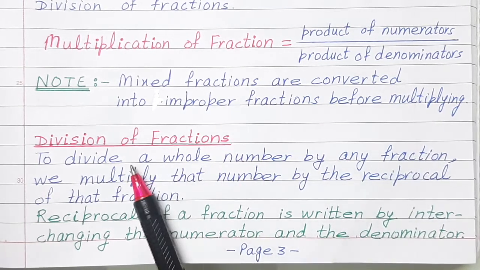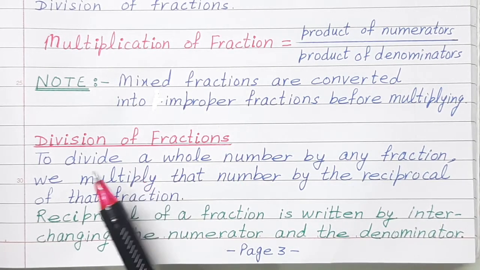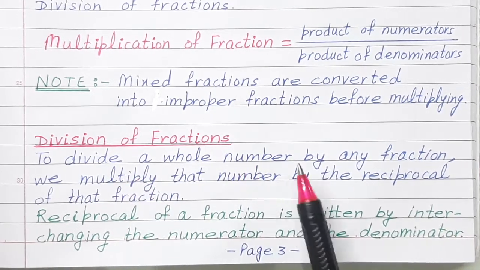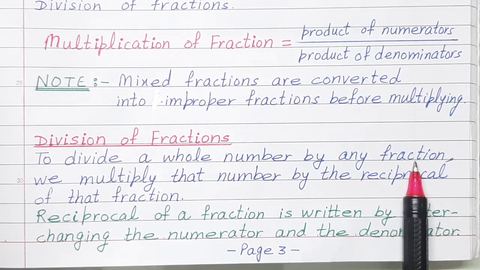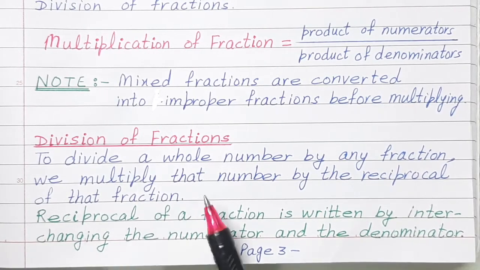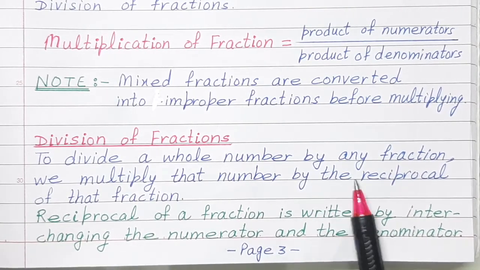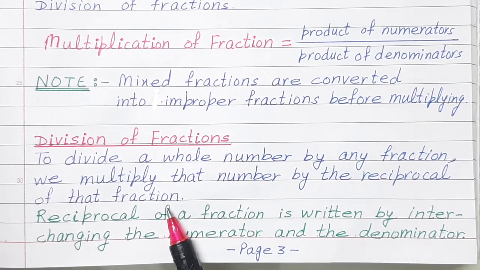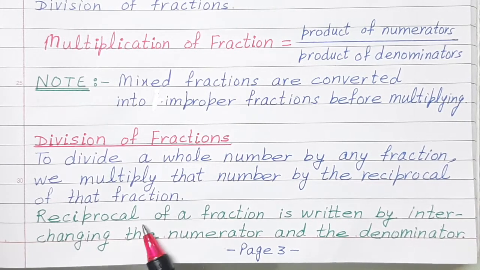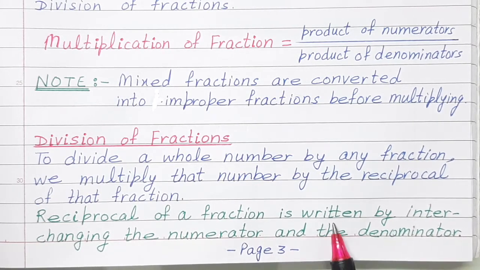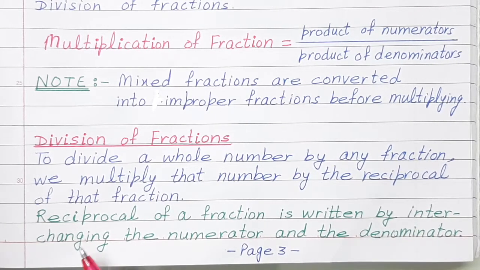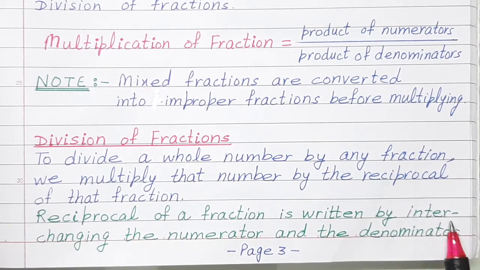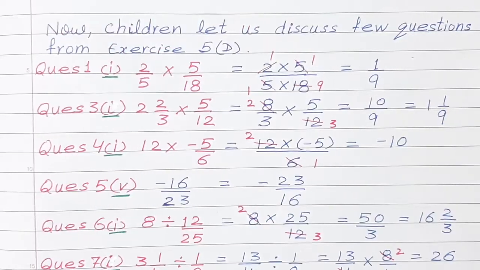Now let us see in case of division. To divide a whole number by any fraction, we multiply that number by the reciprocal of that fraction. Reciprocal of a fraction is written by interchanging the numerator and the denominator.